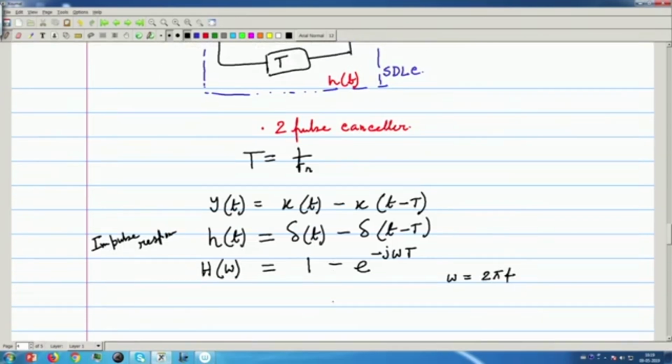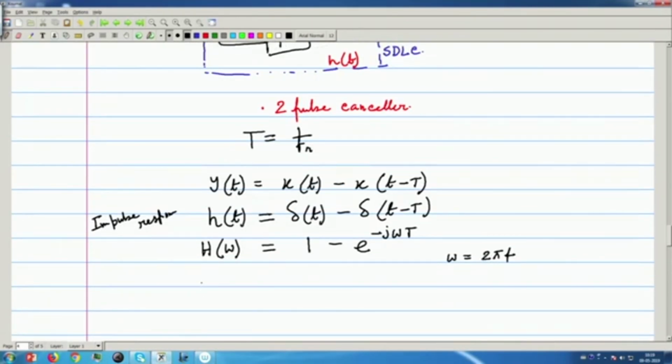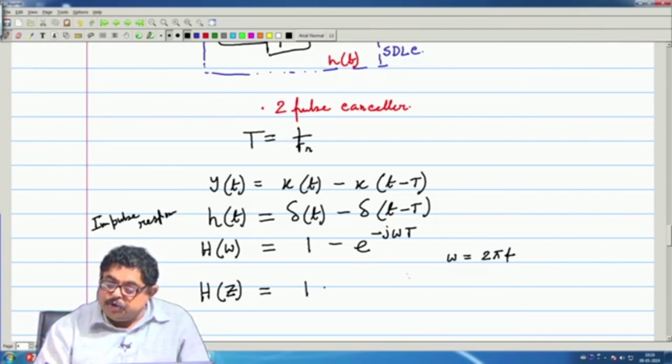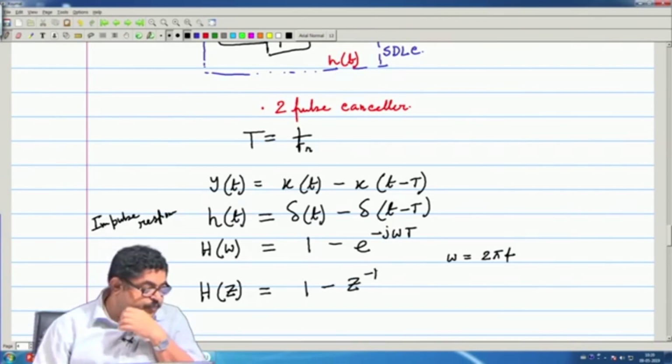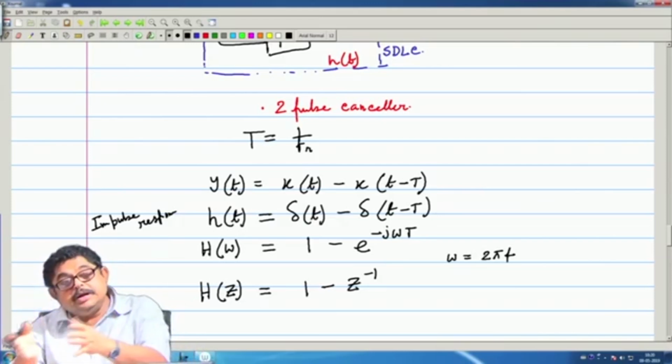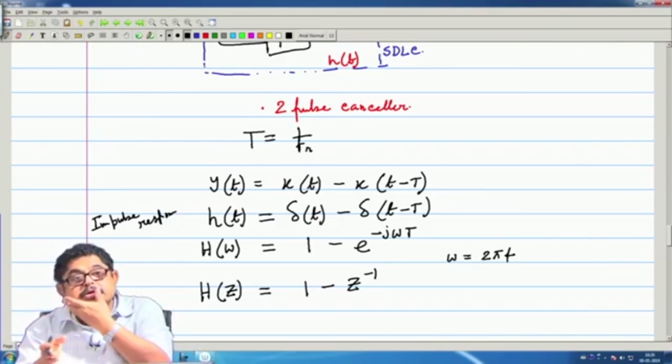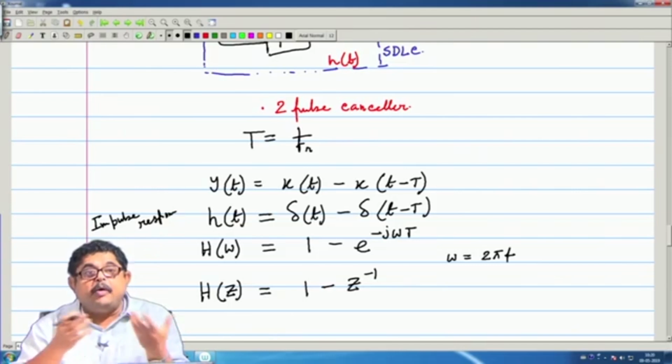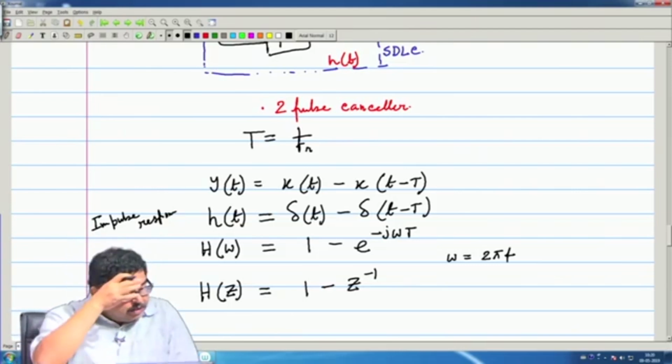And in the z domain I can also write the transfer function, because if these are digital circuits it is better to do it. So, we know that this can be written as H(z). Now, mainly what we are interested in is how much power attenuation it is giving.